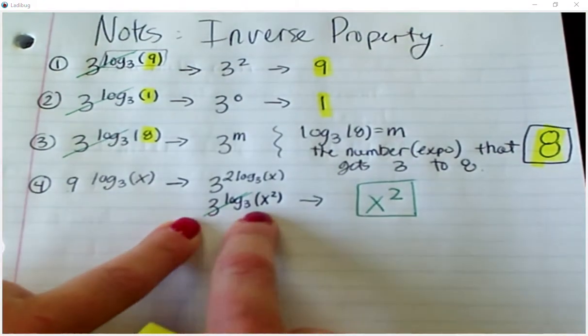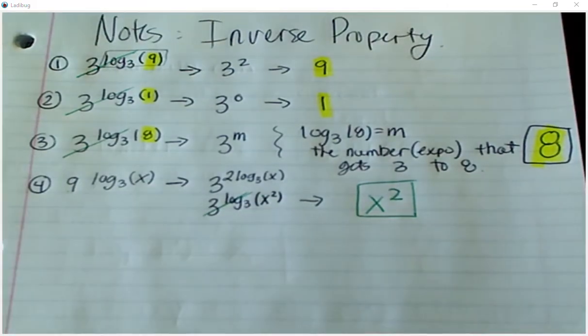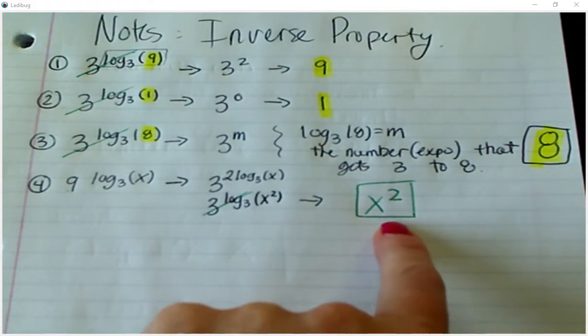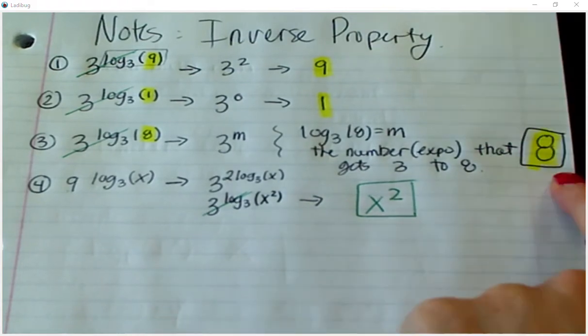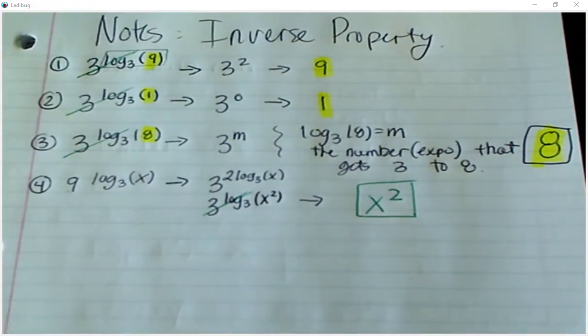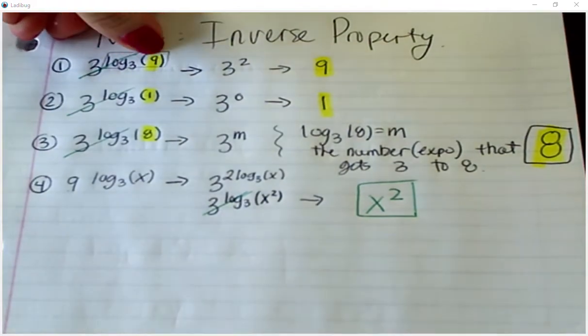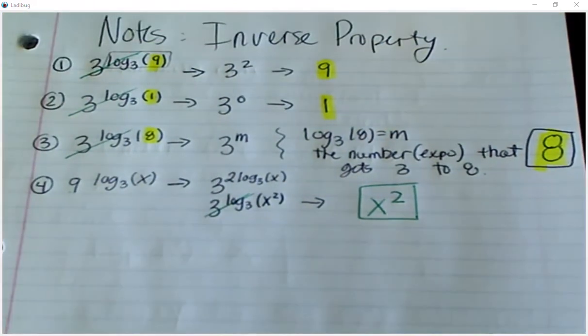The base 3 and the base 3 of the log cancel out, and you are left with the argument. Yeah, the answer is just 8. Okay, the first 2 examples were the matching, and you could evaluate. 3 to the log base 3 of 9 is 9, because you worked through it, and you did it.